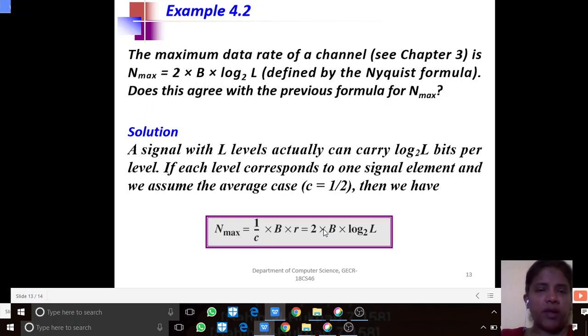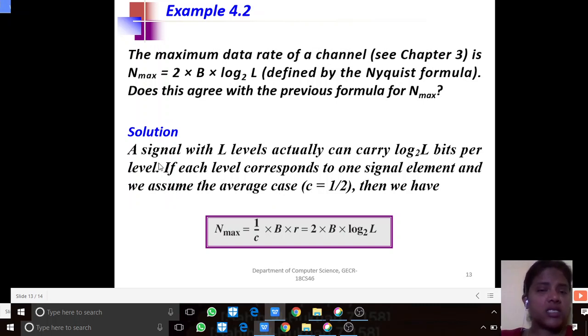Now, another example we'll see. The maximum data rate of a channel is N max. It is defined in the Nyquist formula, which I will be showing in the next class. Do you agree with the previous formula? Yes, they are both the same.